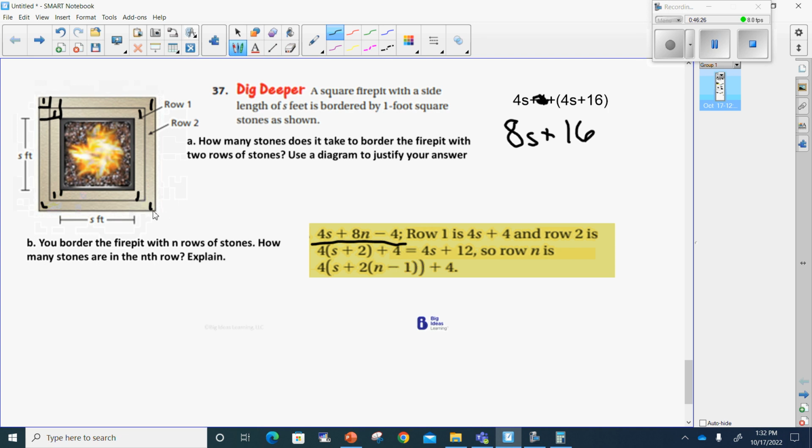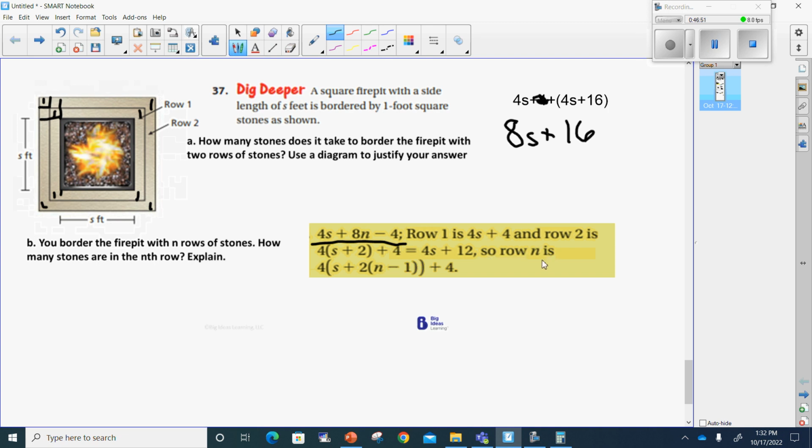So 4S plus 2, right? You can take S plus 2 and multiply it by itself 4 times, and then add 4. That's going to equal 4S plus 12, because we'll have 4S plus 8, and 8 plus 4 is 12.